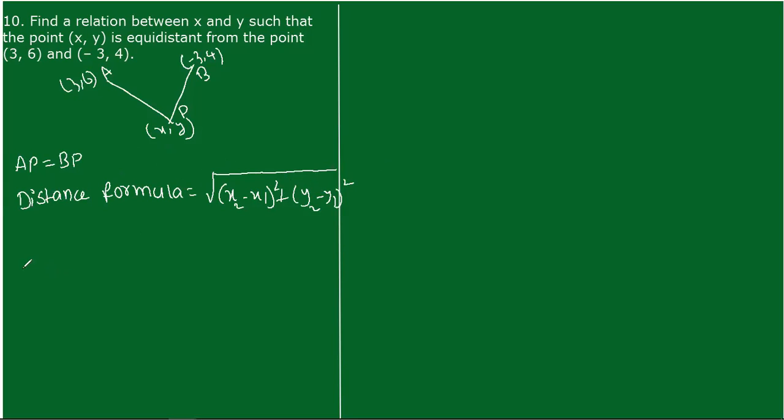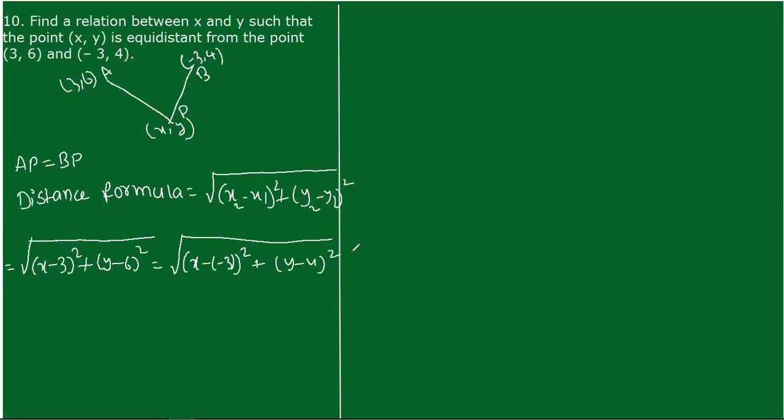So let's apply. First I have AP. For AP I should consider these 2 points. AP means I can write the square root of (x minus 3) whole square plus (y minus 6) whole square. Now let's take BP. BP is the square root of (x minus (minus 3)) whole square plus (y minus 4) whole square.